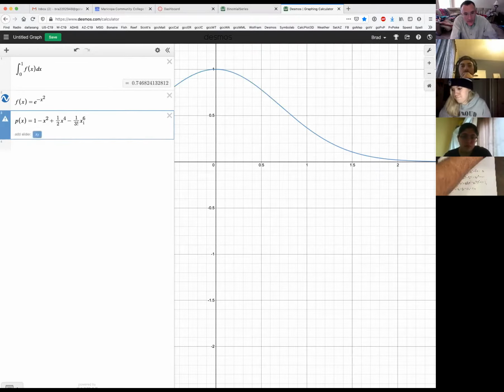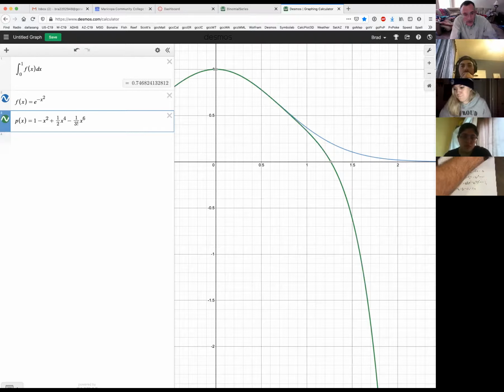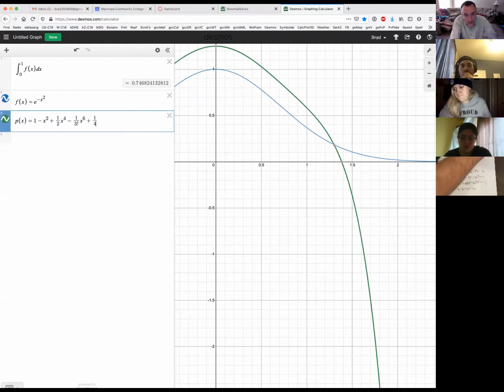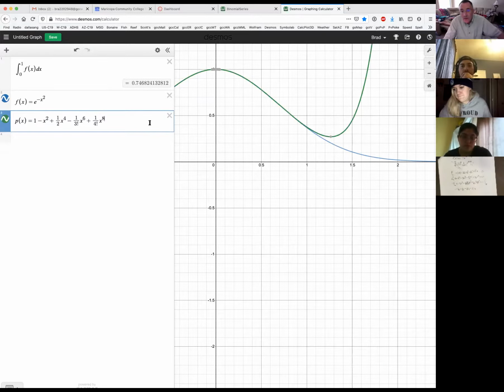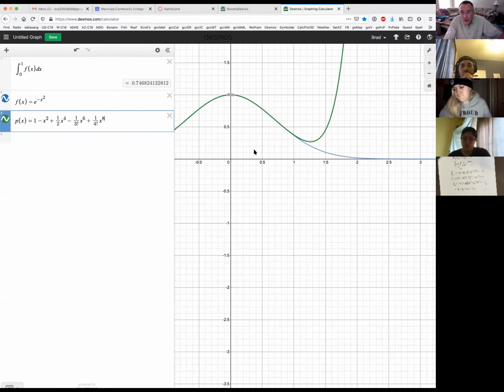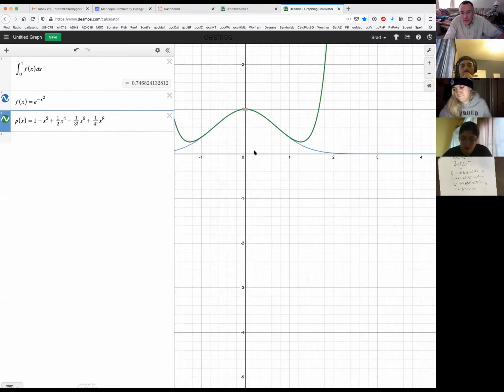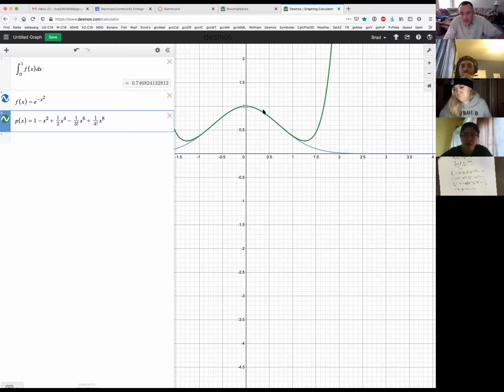Plus, okay, 1 over, what's the next one? 4 factorial x to the 8th. Check it out. I'm going to make it a little smaller. Check it out. Would you say that the area under the green thing from 0 over to 1 is pretty close to the area under the blue thing?